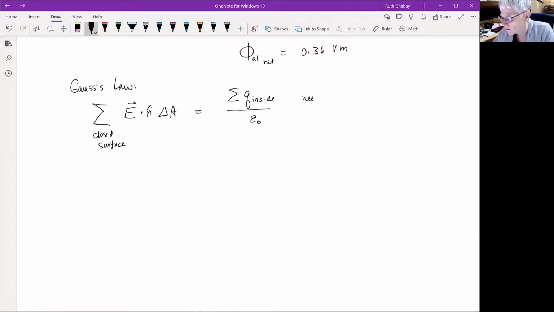And we need to prove this. So what do we need to prove? One, we need to prove that the constant is really 1 over epsilon 0. We need to prove that the size and shape of the surface don't matter.